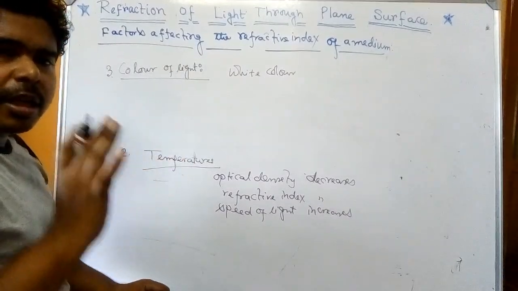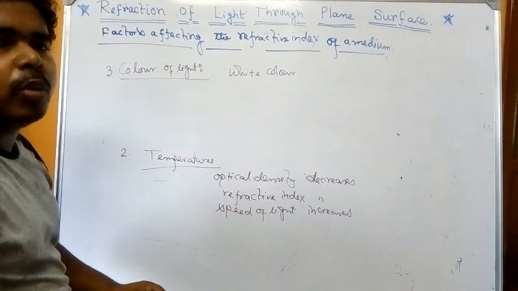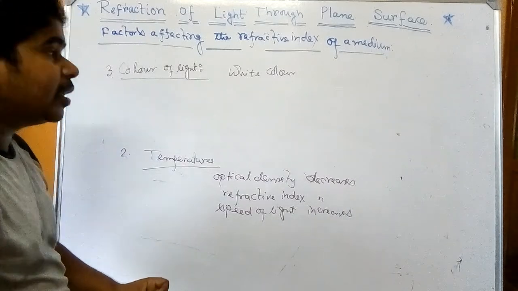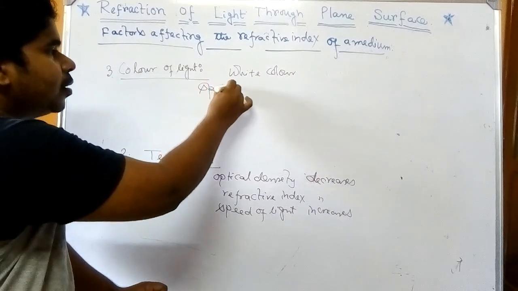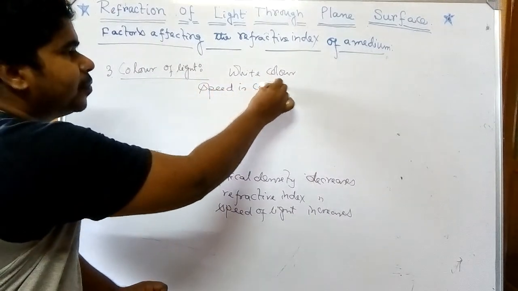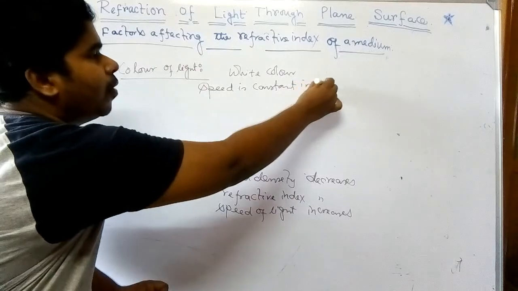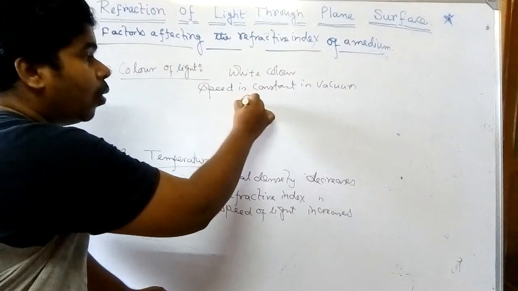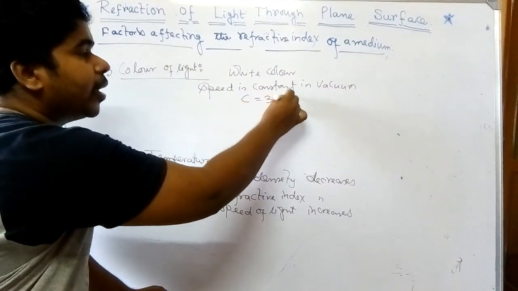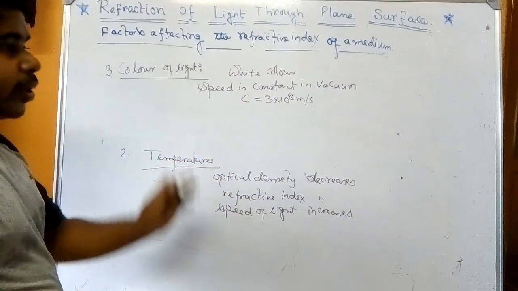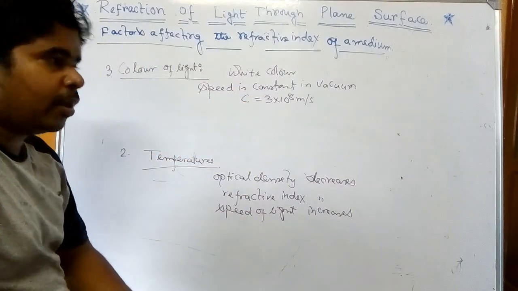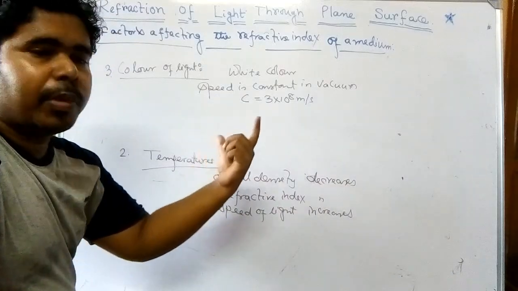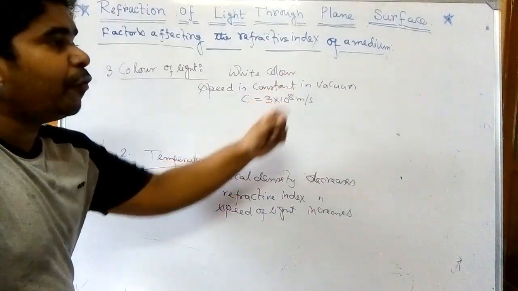When the different colors are moving through the vacuum, their speed is constant in vacuum, and that speed we all know is 3 into 10 to the power 8 meter per second. So all the colors of VIBGYOR should have the same speed, 3 into 10 to the power 8 meter per second in vacuum.